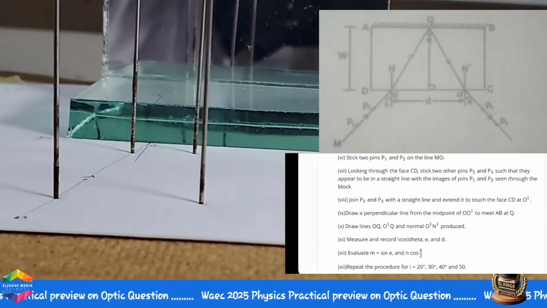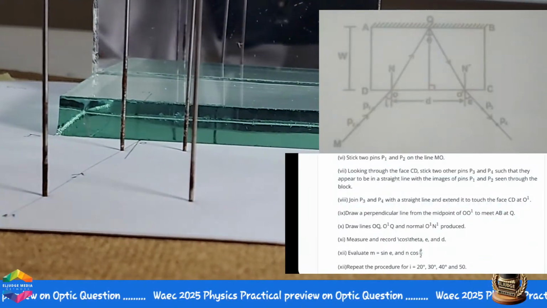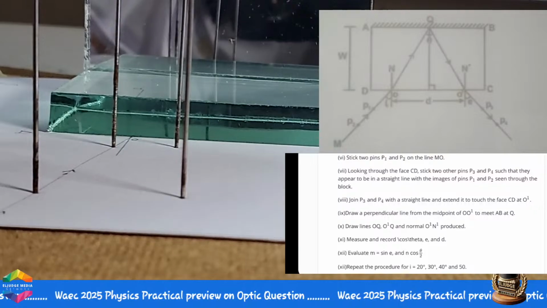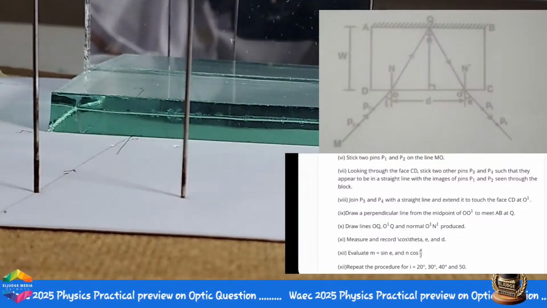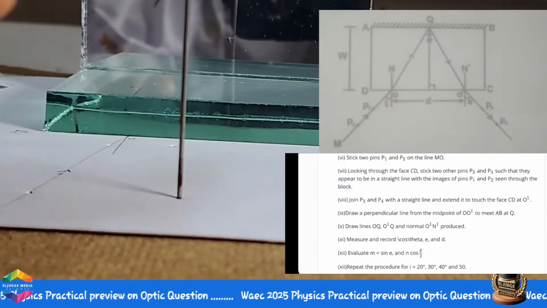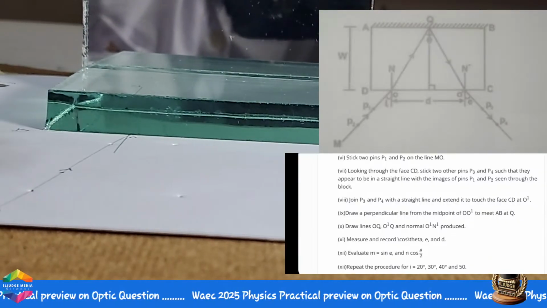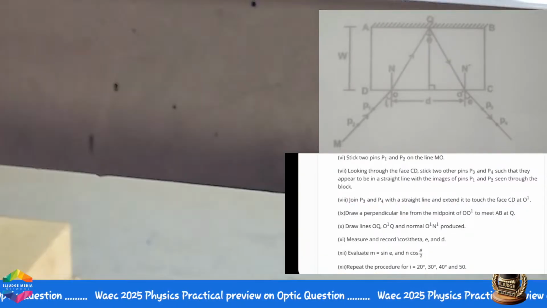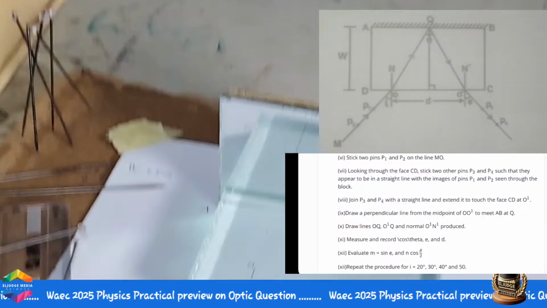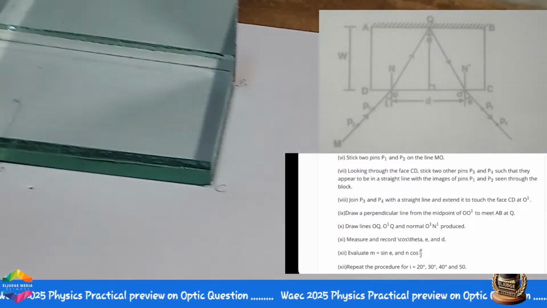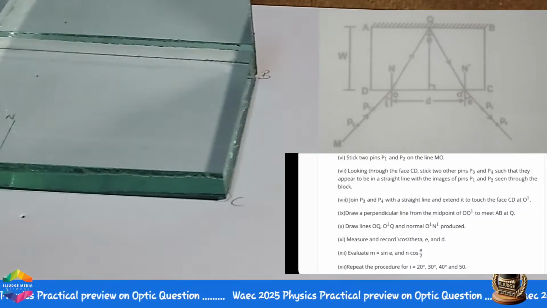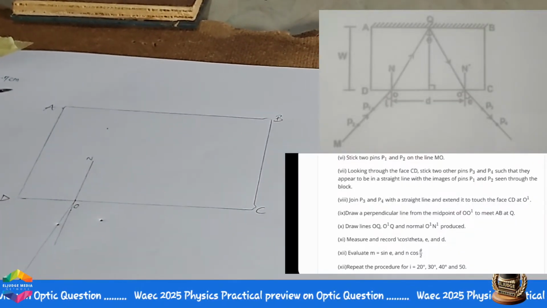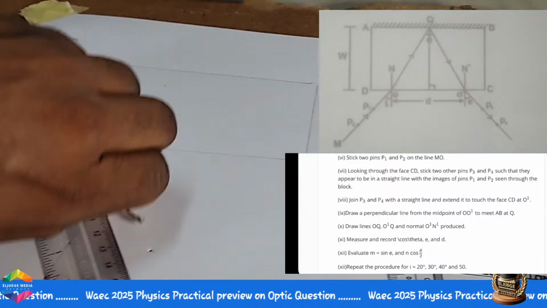It says that we should remove the pins, join P3 and P4 with a straight line and extend it to touch the face CD. So we can remove the pins now. We are removing the pins. I'm going to join P3.